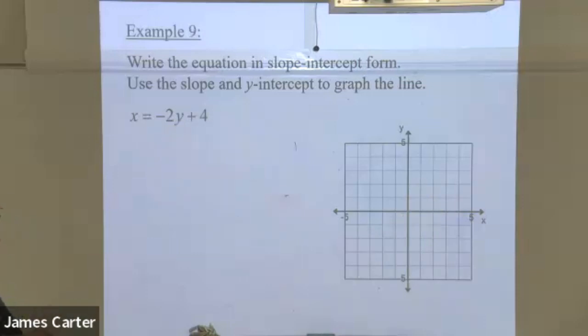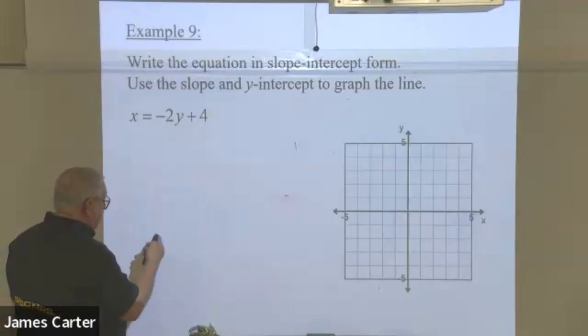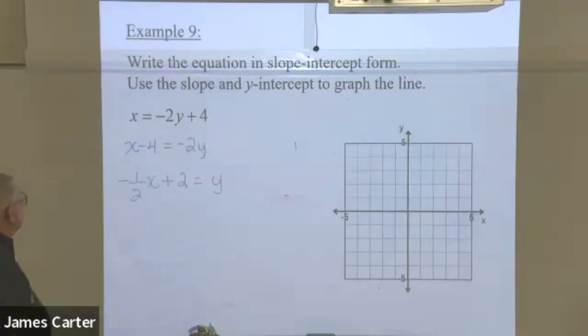Okay, another one. Now, this one is not in y equals mx plus b format. So we need to rearrange some stuff. We need to take this 4 over here and divide both sides by -2. And we get that. So our slope is -1/2, which we can show as -1 over +2 or +1 over -2.